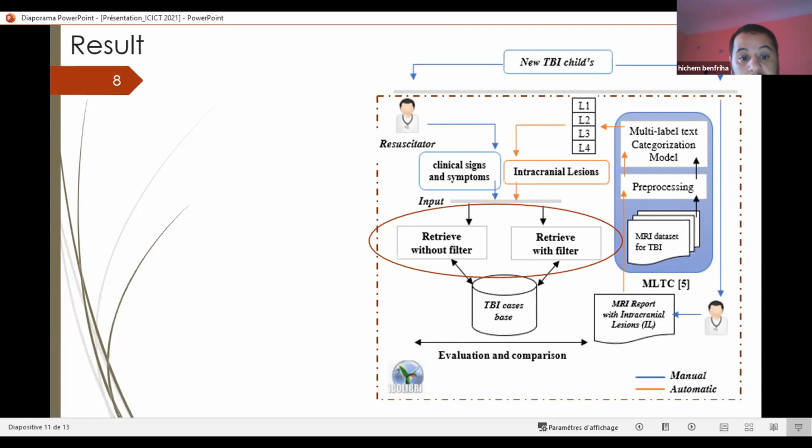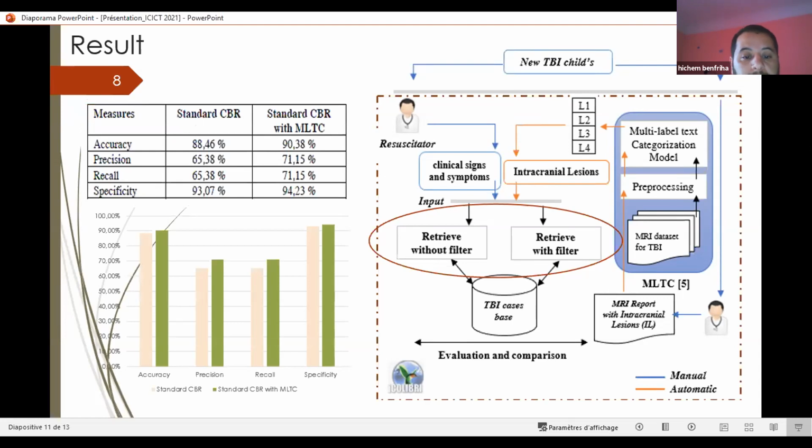As we said previously, the same strategy was tested on two scenarios: retrieve without filtering, which represents the standard retrieval step of the CBR cycle, and retrieve with filtering, which represents the retrieval step on the basis of reduced TB cases according to the lesion values returned by the MLTC framework.